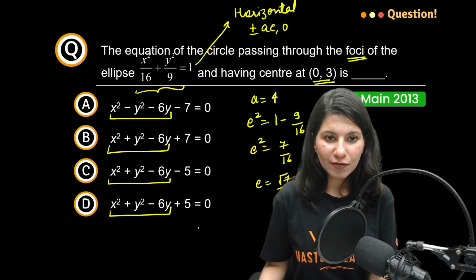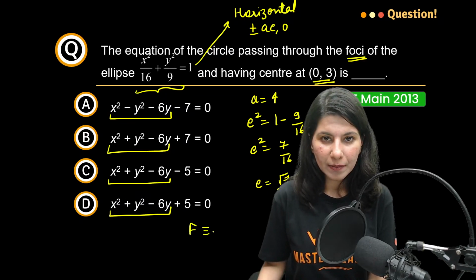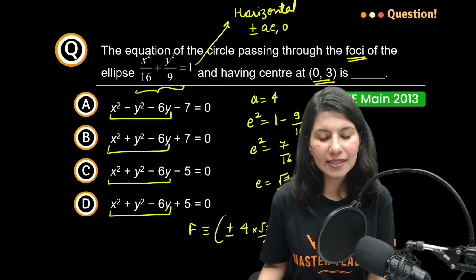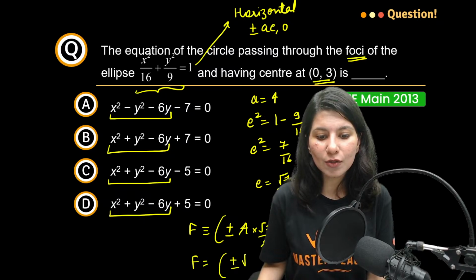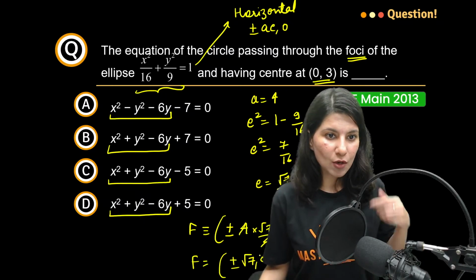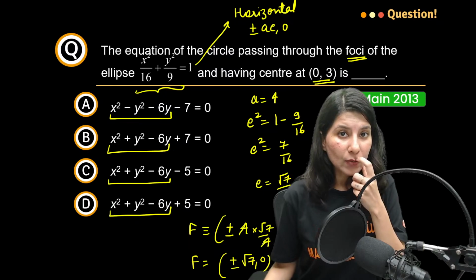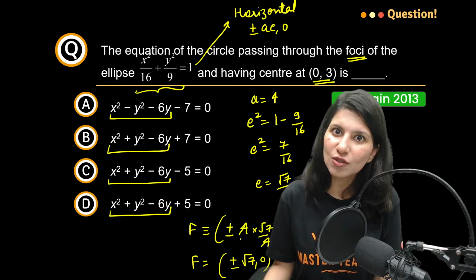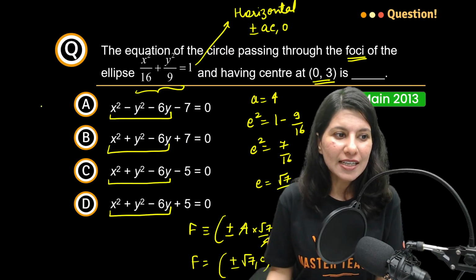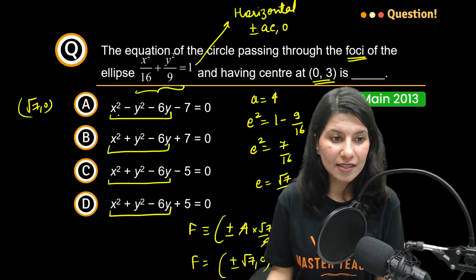So, foci will be plus minus A E, 0. A is 4 into root 7 by 4, 0. So, plus minus root 7, 0. So, your circle passes through plus minus root 7, 0. So, you just have to check by satisfying root 7, 0 in option A and C, whether it is satisfying or not.